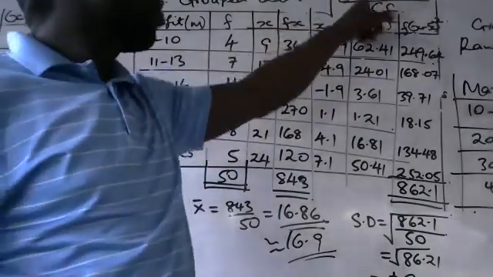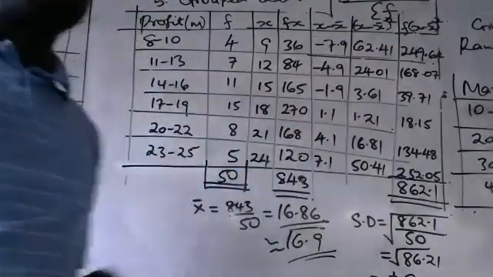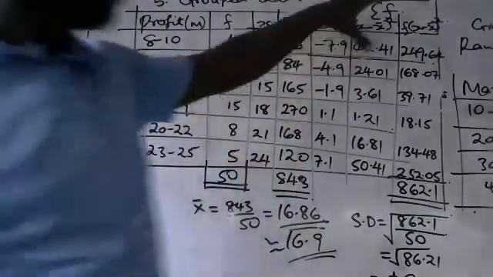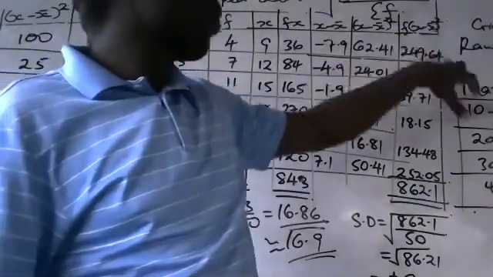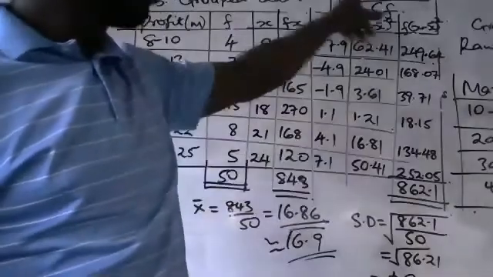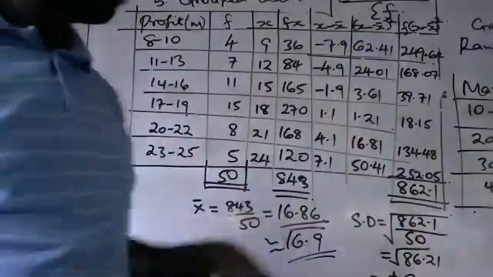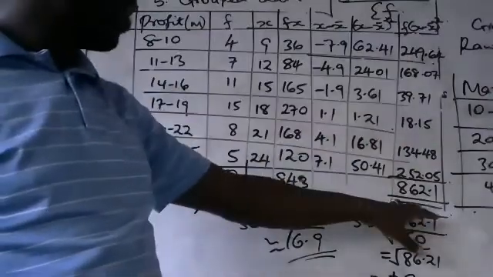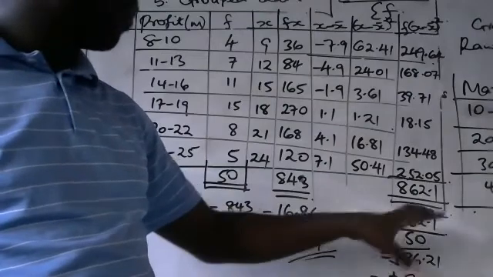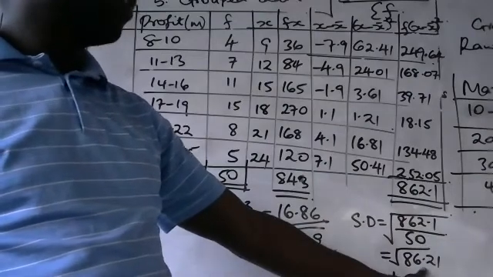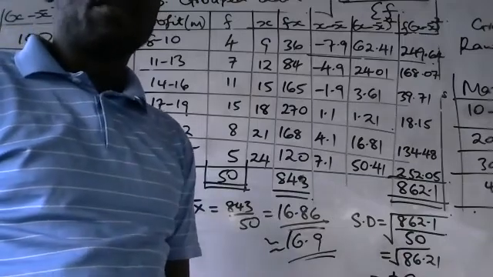X minus x bar squared, you multiply by f. That is actually now what we require as per our formula. Then the values you are going to place on f into x minus x bar squared, you sum them because the formula says they are supposed to be a summation. Then you get the summation there, you divide by the summation of f. Whatever answer you get, you take the square root. It gives you the answer for standard deviation.